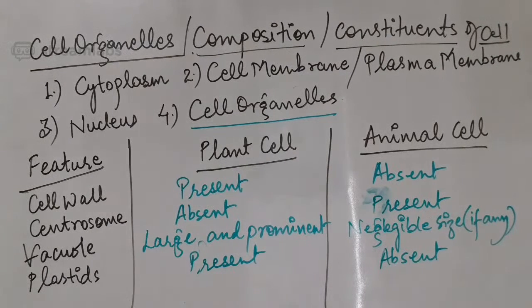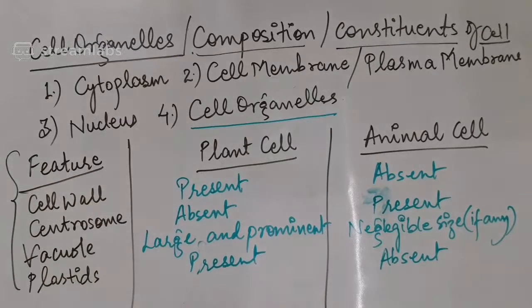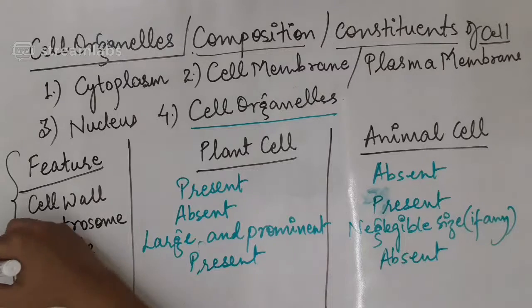These are the structural differences. Structural differences meaning the plant cell and animal cell कैसे बने हुए हैं, ये सेल ऑर्गेनल्स इन दोनों में कैसे हैं अगर हैं तो. Now I'll be telling you about the quantitative differences. Quantitative means in number. These are structural differences.